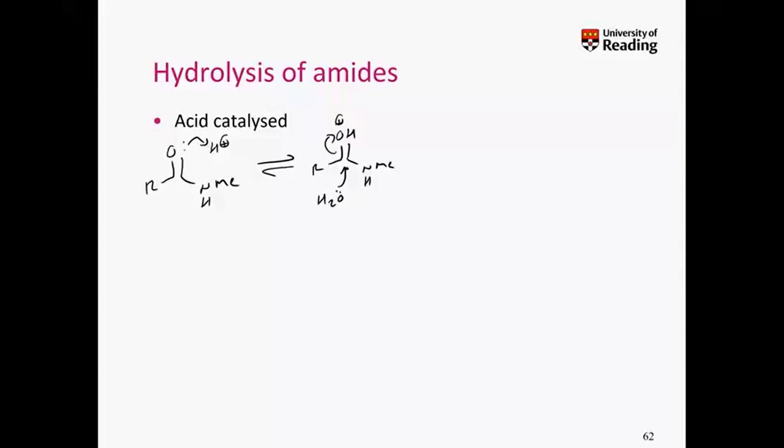We're going to break the carbon-oxygen double bond. That gives us our tetrahedral intermediate. We are back under acidic conditions, so we can do our electron transfer.